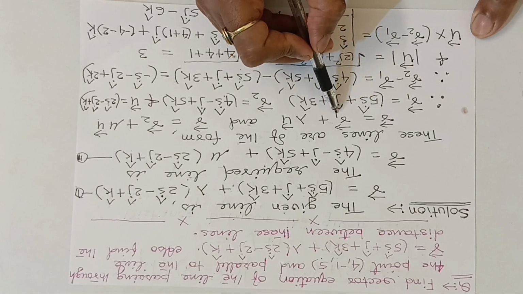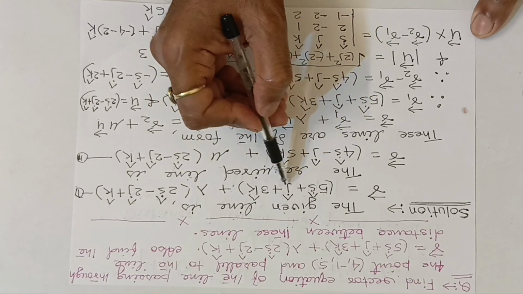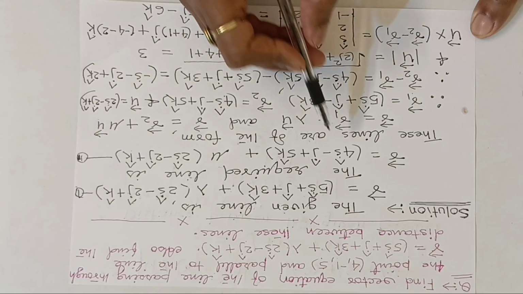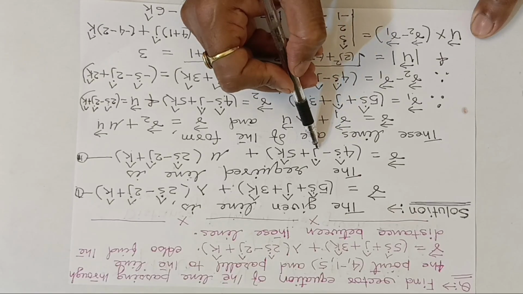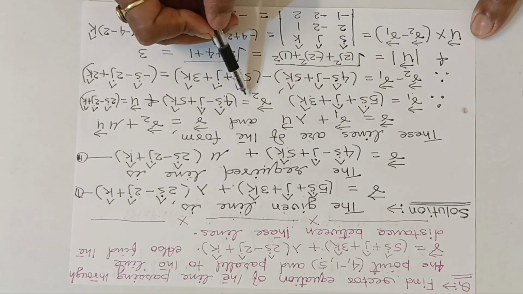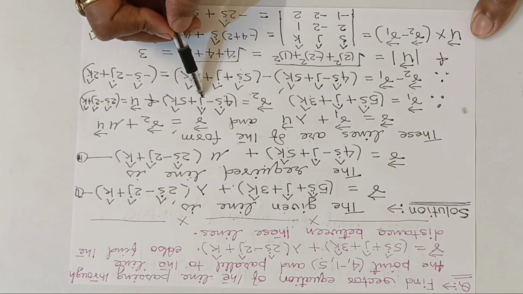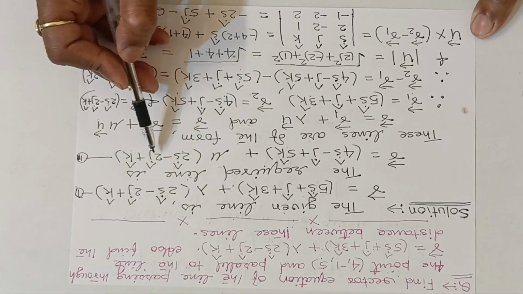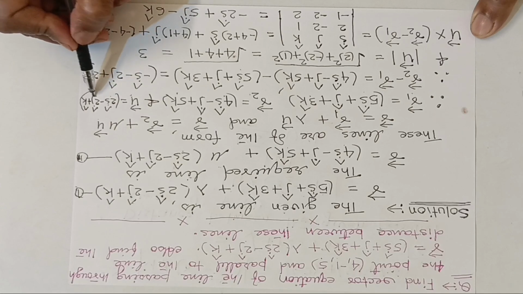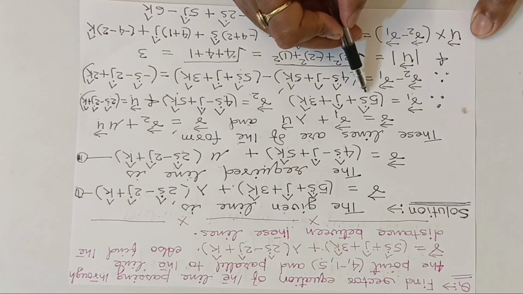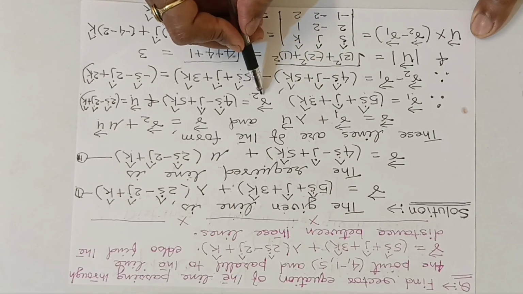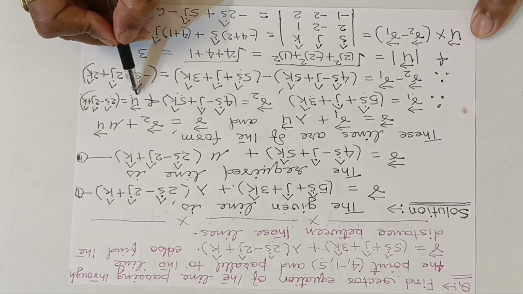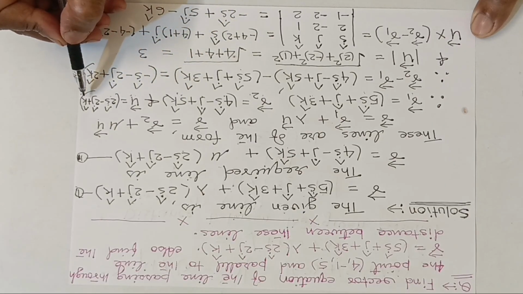Here r1 = 5i + j + 3k, r2 = 4i - j + 5k, and u = 2i - 2j + k.